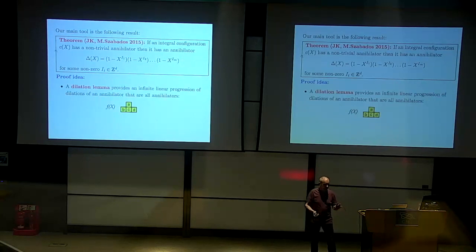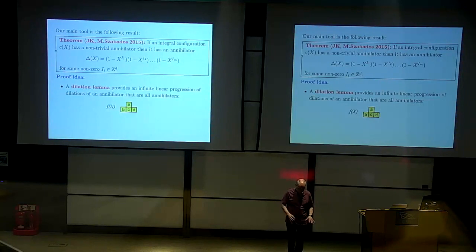Okay, I'm not going to prove it, but I'll very vaguely tell you what happens in the proof. There's a famous dilation lemma that is used in all the papers in this field. Rachel and Terence Tao use this, and many other papers. So the dilation lemma is the following. In my setup, if you have an annihilating polynomial, then some dilations of that polynomial are also annihilators.